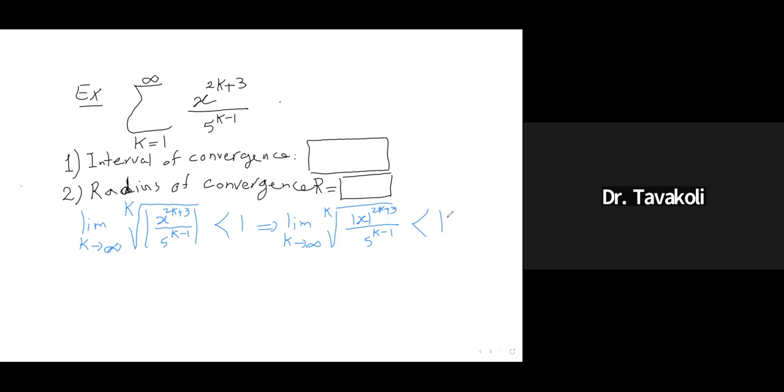From basic algebra, you know that the kth root is the power of 1 over k. So I will have the limit as k tends to infinity of absolute value of x to the power of 2k plus 3 over 5 to the power of k minus 1, all to the power of 1 over k.